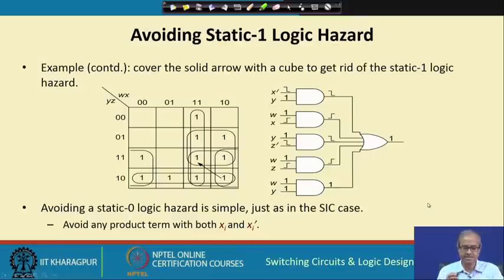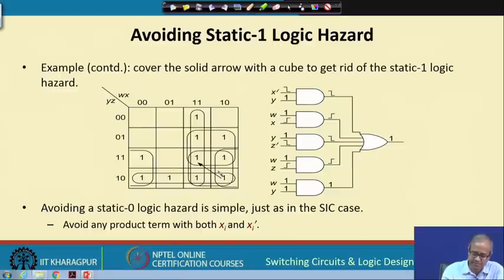So how to avoid such a static 1 logic hazard? In this Carnot map it is represented by this arrow, this change. Both x and z are changing from 0 to 1. So what do we do? Just like the single input change case, you should avoid any product term that contains both xi and xi bar as inputs. This is the trivial case I told earlier.